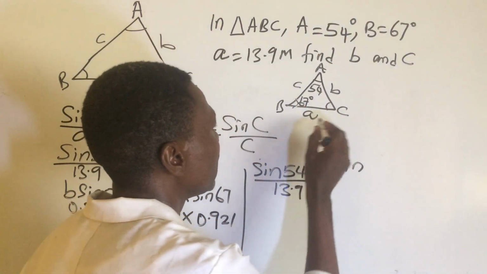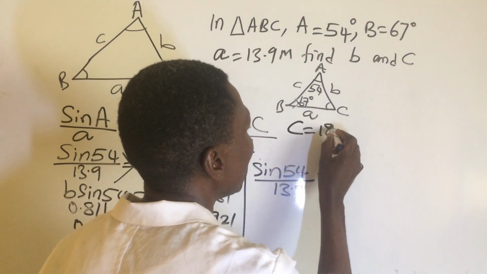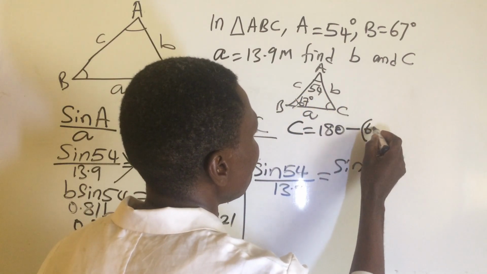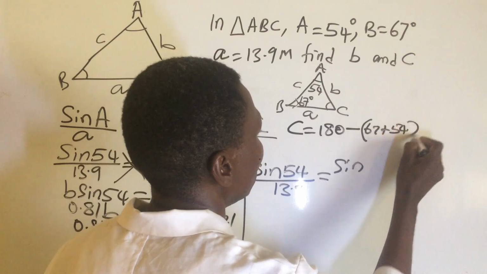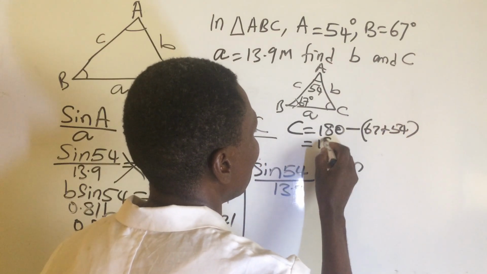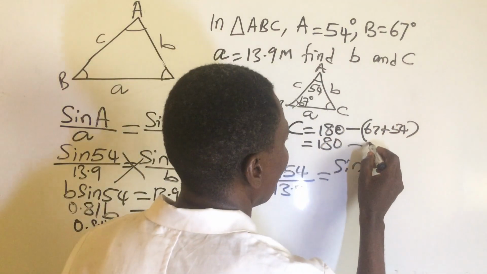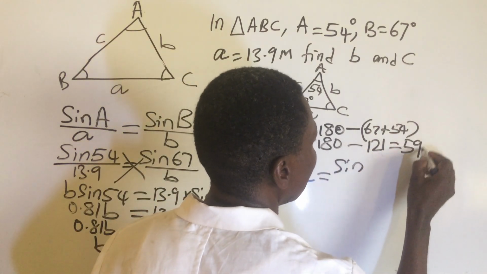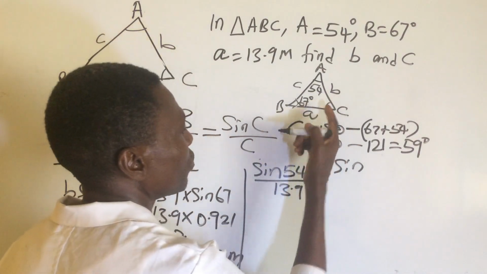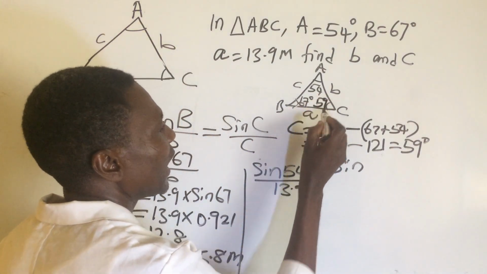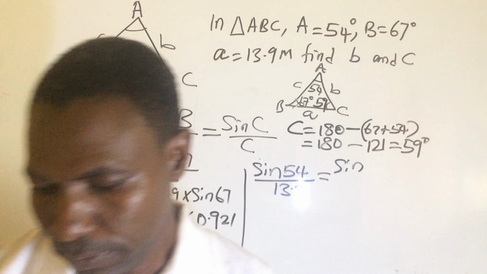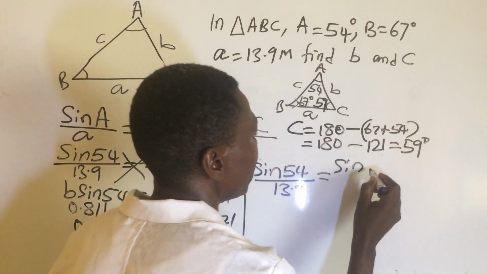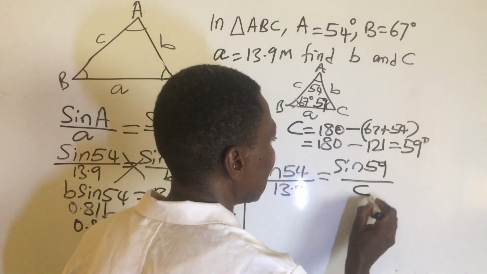Angle C will be equal to 180 minus the addition of these two. 67 plus 54 gives us 121. 180 minus 121 gives us 59 degrees. So the angle that is supposed to be here is 59 degrees, right? We now fix it here. Sine C now becomes sine 59 over the side c we are looking for.